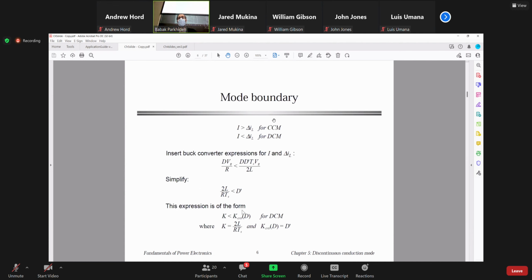So when you see this, can I define a condition or criteria that I can use to determine whether the converter is CCM or DCM? I think in the first homework, I intentionally put that in with a simple triangle. But now, knowing how the load and ripple value change, you see that whenever the load current is greater than the ripple, your converter is always in the CCM.